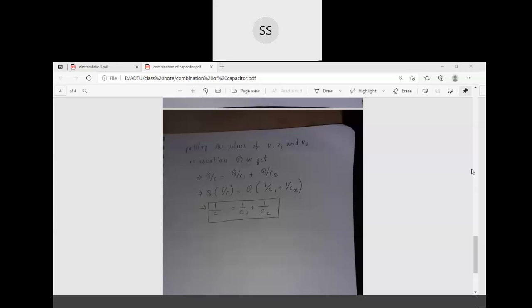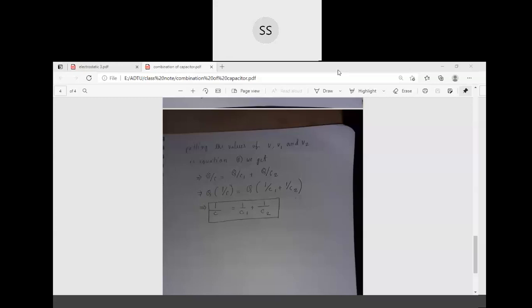Okay, write your answers in the chat box. This time I need answers from all of you, not only from one student. I want answers from all of you. Very easy question. Two capacitors of capacitance C1 equal to 6 microfarad and C2 equal to 3 microfarad are connected in series.